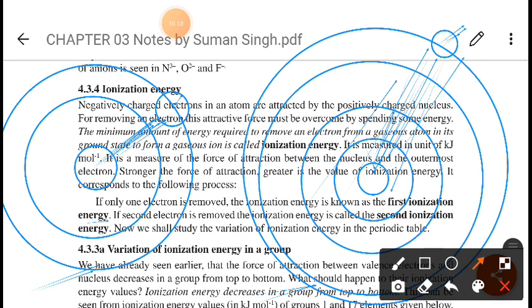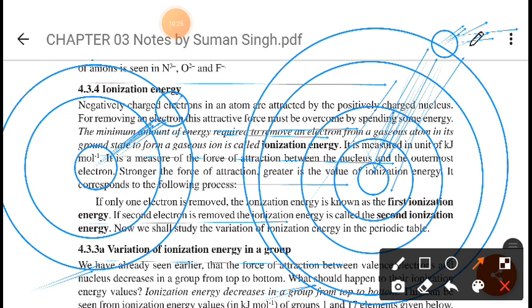If the atomic size is increasing, we need to supply less ionization energy, and then we can easily remove the electron.